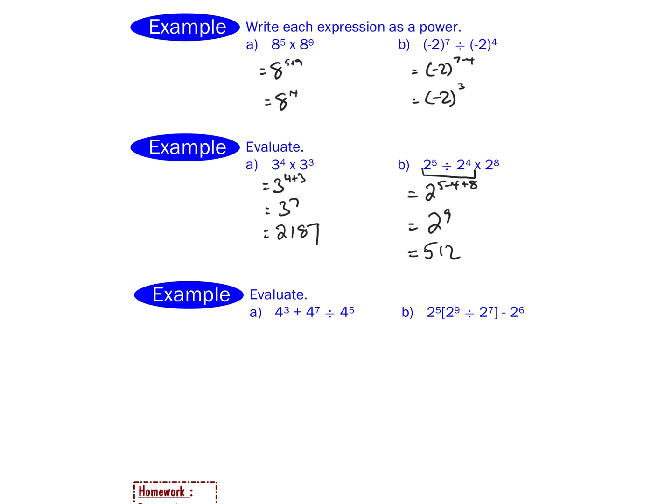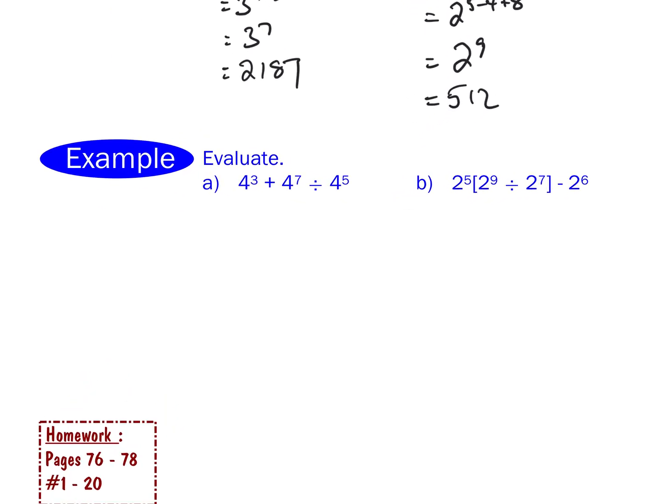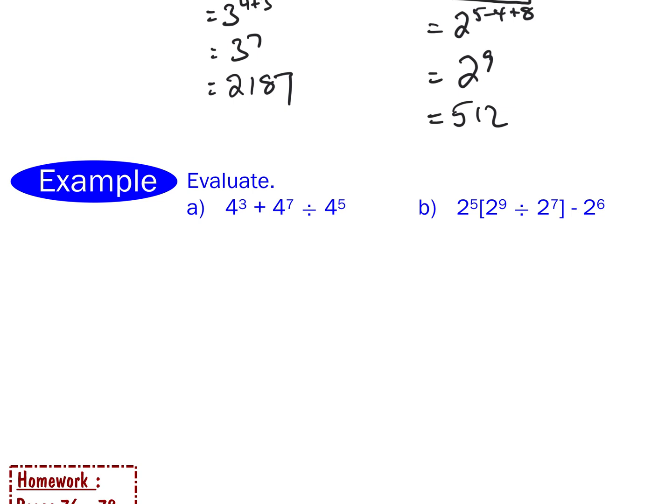The next two questions are similar. We're going to simplify first and then evaluate. So, we don't know what to do when we add two powers, so we're not going to do that.